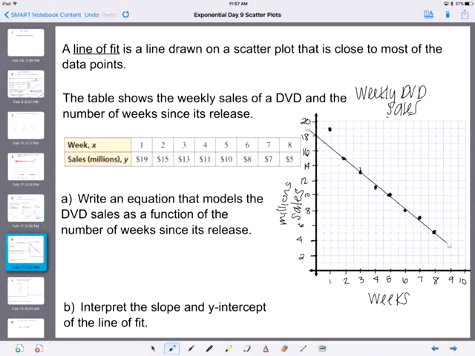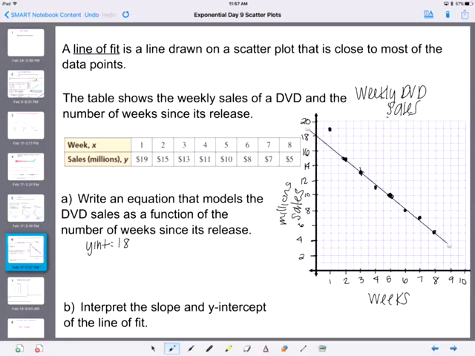So my y-intercept is 18 million. My slope, if you pick 2 points on your line, so we could use this ordered pair, this ordered pair, this ordered pair.